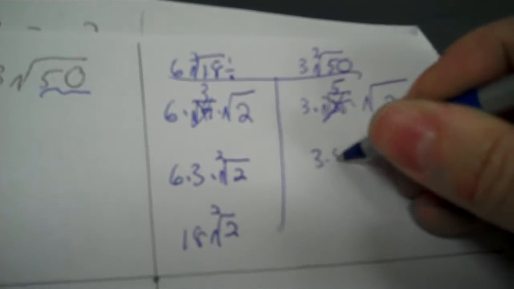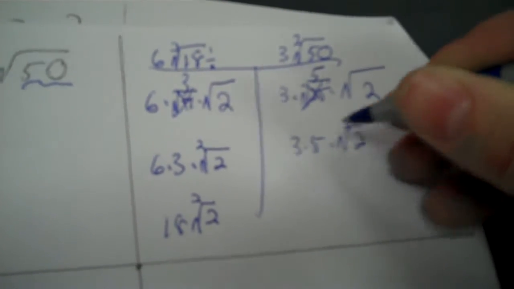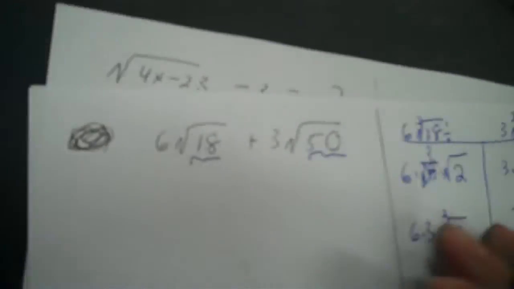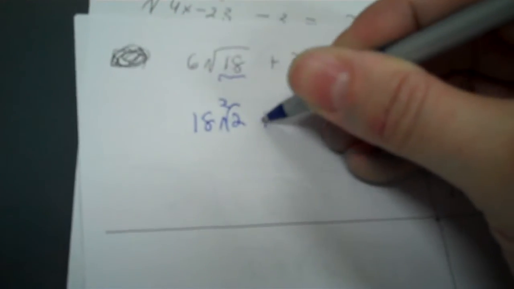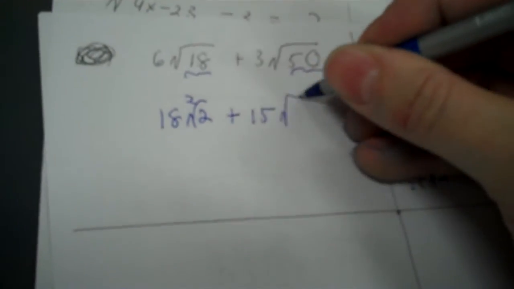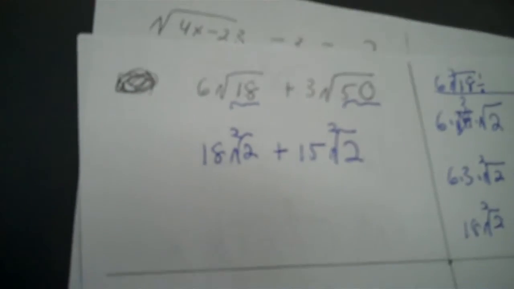So that becomes 5, okay. So I now have 3 times 5 times the square root of 2, and that'd be 15 with the square root of 2. Okay, so rewrite that. That became 18 square root of 2, and that became 15 square root of 2. Okay?